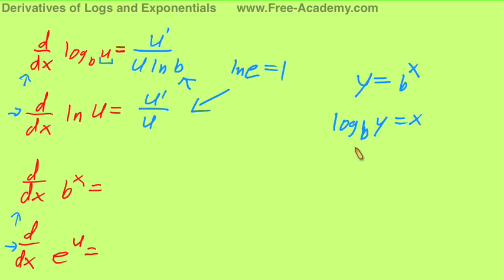Alright, now that we have this part, we're going to use implicit differentiation to find our derivative here. So this is going to give us 1 on this side, and this will give us 1 over y ln b times dy dx. And that's just using our formula right up here.